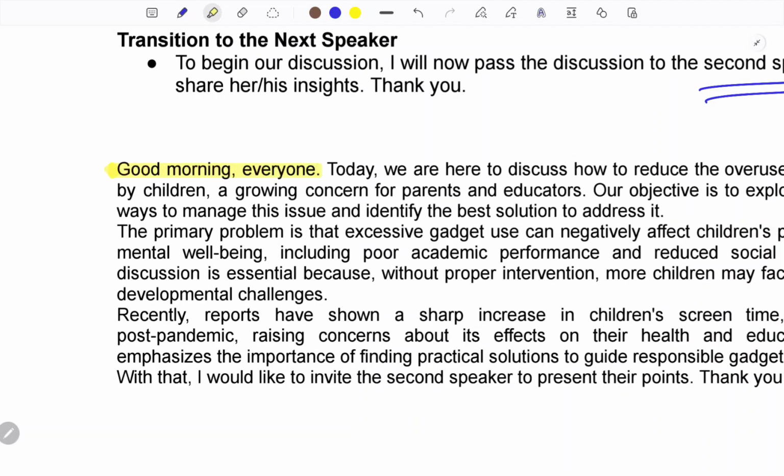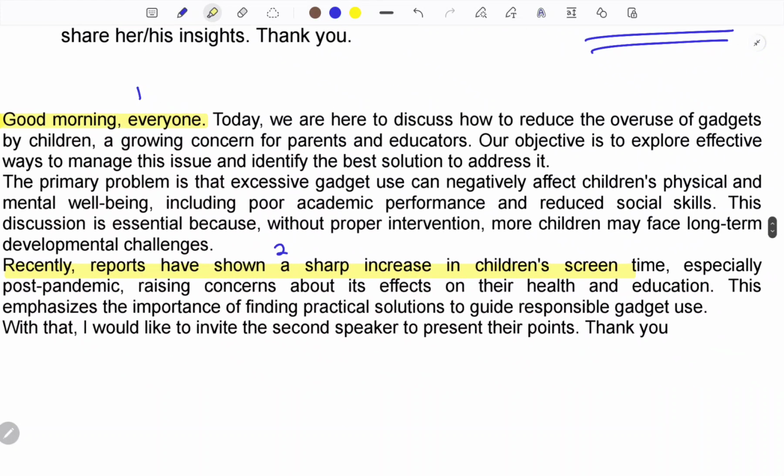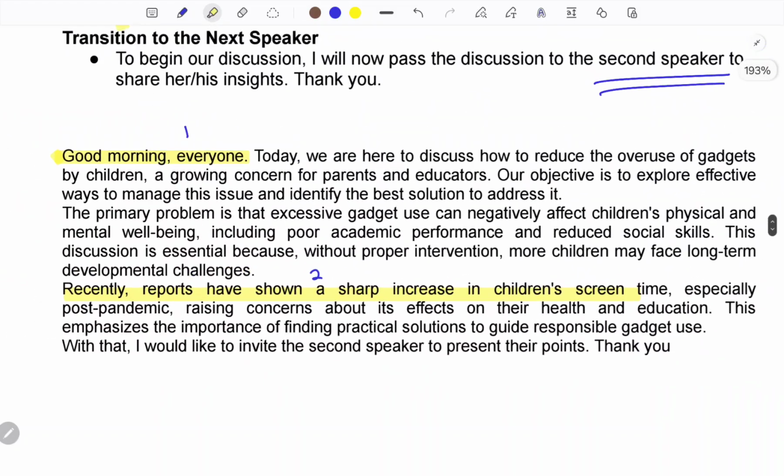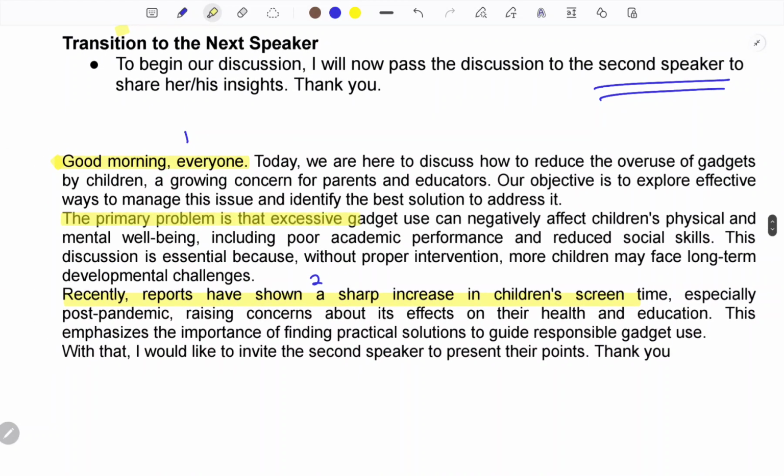So good morning everyone first, and then okay, this one is the issue. This is supposed to be after the greeting, and then the problem is also here. Where's the problem? The primary problem.